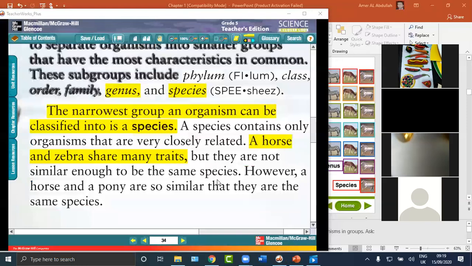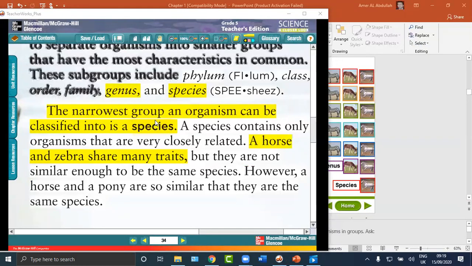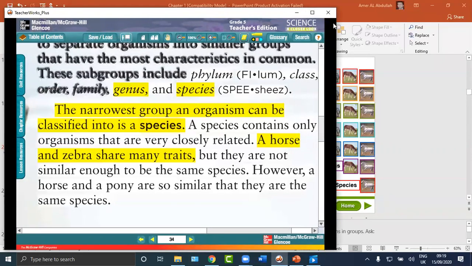Yes, read the narrowest group. The narrowest group an organism can be classified into is a species. A species contains only organisms that are very closely related.